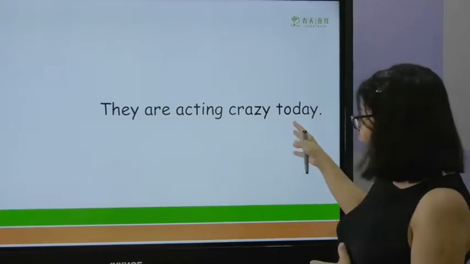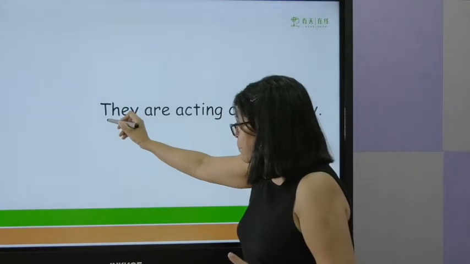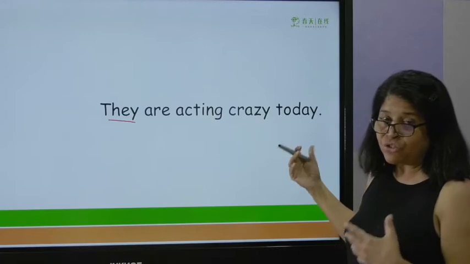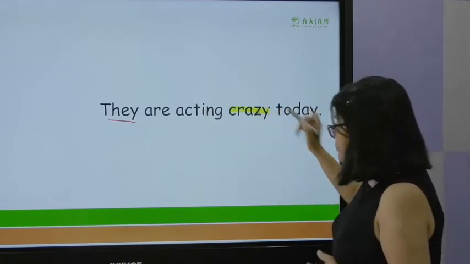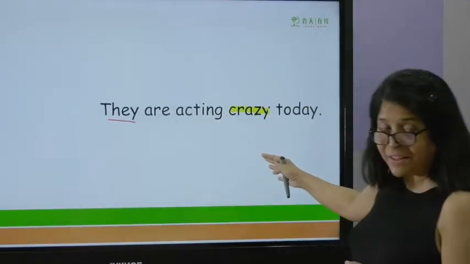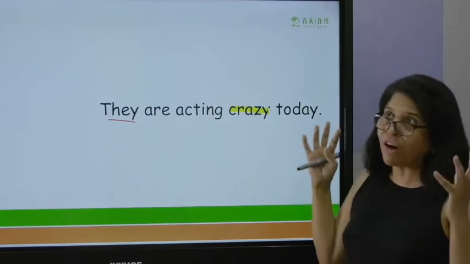So let's look at the noun. Here, the people is actually people, so it's they. And the adjective that is describing how they are like is crazy. So we are talking about people and that they are crazy. So think in your mind again about people who are acting crazy.